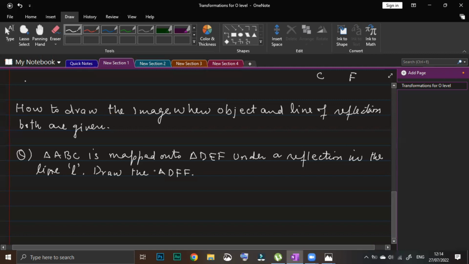ABC is given, the line L is given. Now we want to draw the image triangle DEF.